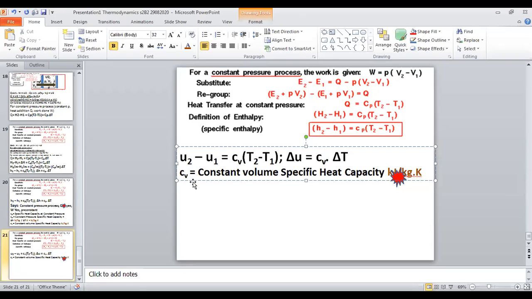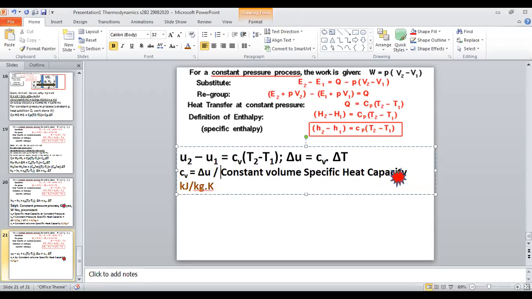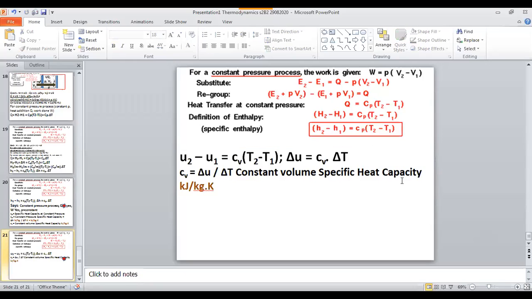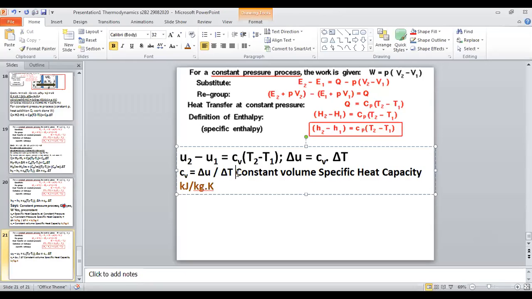So Cv is delta U by delta T, that is constant volume heat capacity, okay? Constant volume heat capacity.